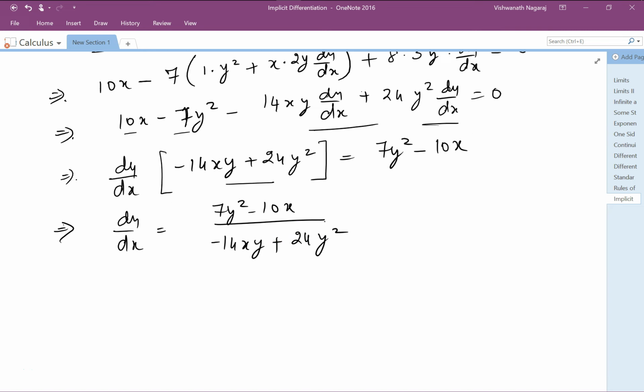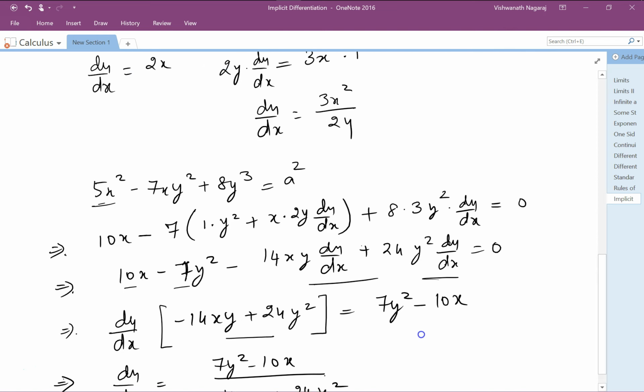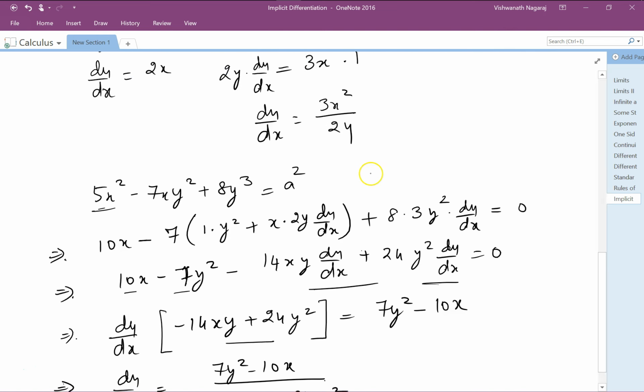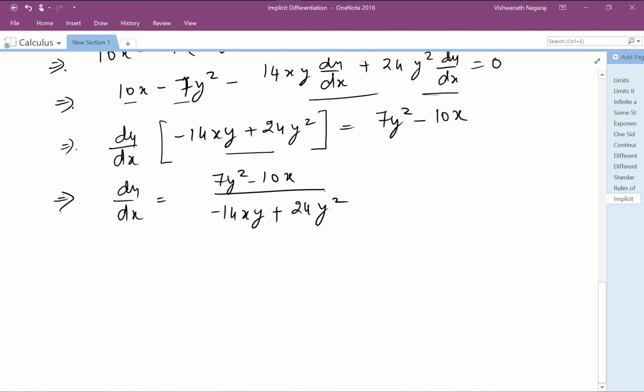So now if we want to know the slope of this curve at say 1, 1, it's just a question of substituting 1 for both x and y. So at 7 minus 10 by minus 14 plus 24, which is equal to minus 3 by 10.